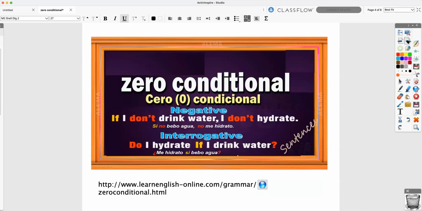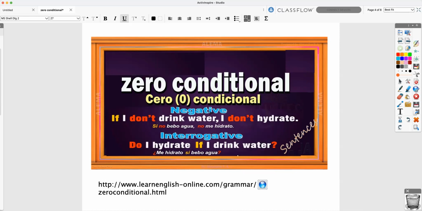So let's see, we can also use it in a negative way. For example, I don't drink water. If I don't drink water, the if clause first, and then the second sentence, I don't hydrate. Si no bebo agua, no me hidrato.